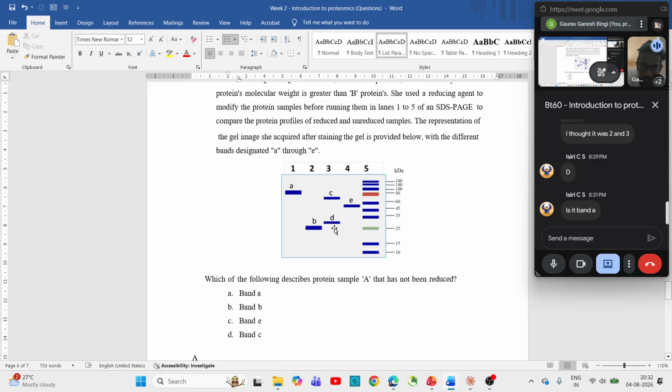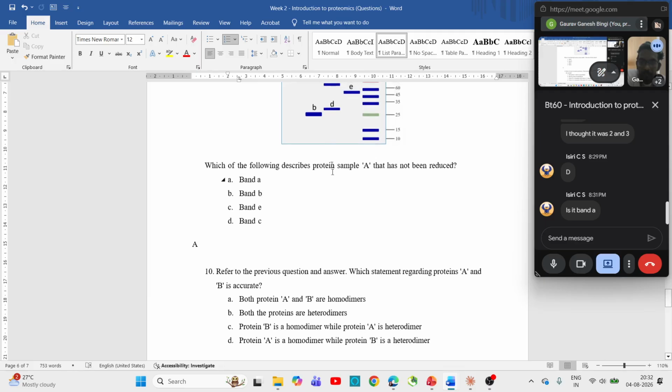So this third sample is nothing but the reduced protein A sample, right? Am I right? So as per this question, whichever has higher molecular weight automatically becomes protein sample A here.